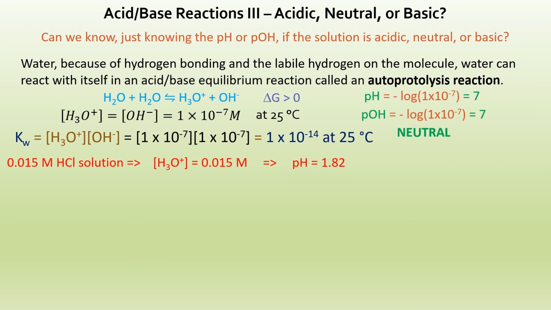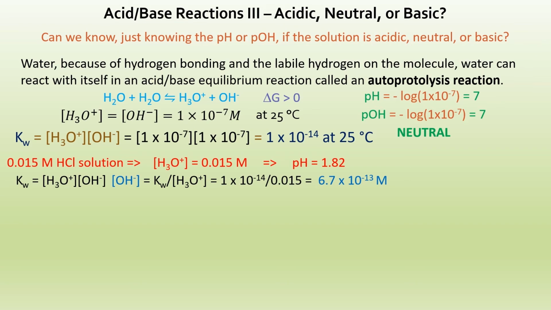For the 0.015 molar HCl solution, we know that the hydronium concentration is also 0.015 molar, giving us a pH value of 1.82. The product of the hydronium and hydroxide concentrations must be 1 × 10 to the minus 14th, which for our purposes we will treat as an exact number for now.